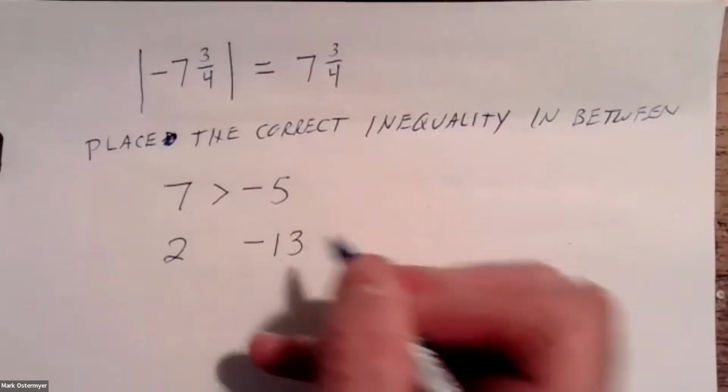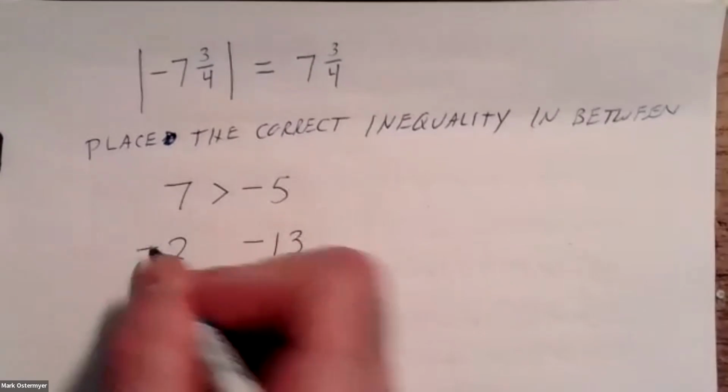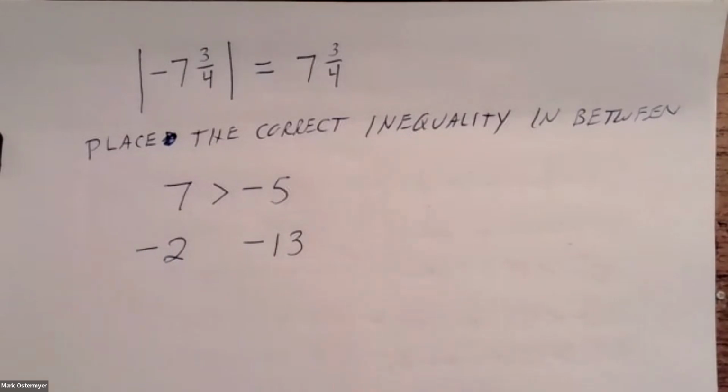All right. How would we do this? I'm going to make this a negative 2. How would we have the inequality pointing in between these two numbers? Negative 2 is greater than negative 13. You are correct.